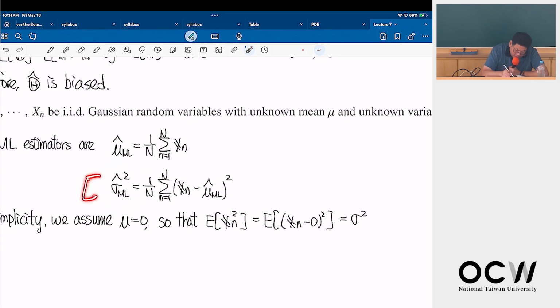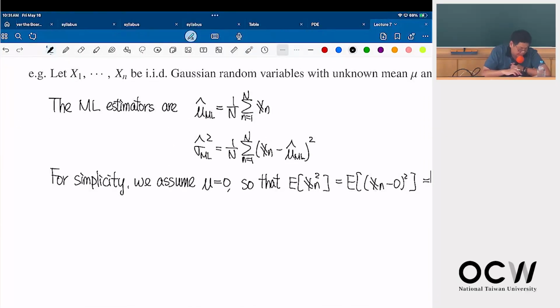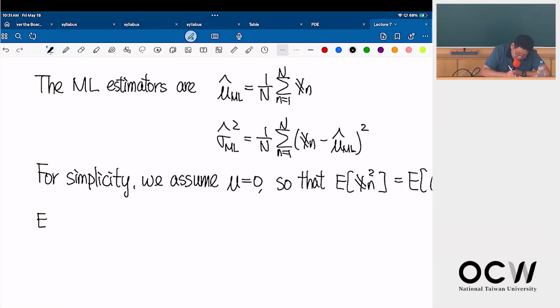We will take the expectation and check if it is biased or unbiased. So first, let's take the expectation of your maximum likelihood estimator of your variance. It should be 1 over N summation n from 1 to capital N, and then we take the expectation.